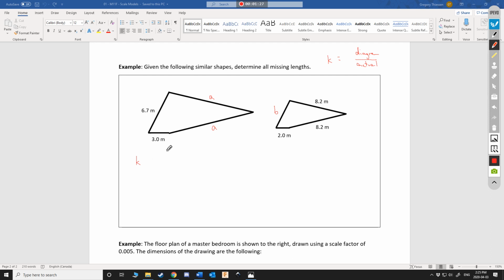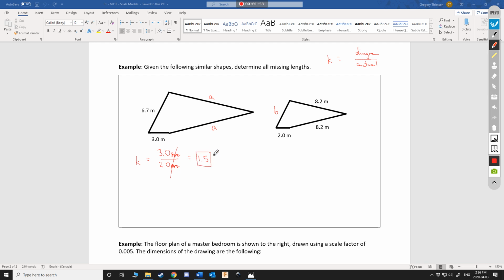So if I take this 3.0 and put it on top, 3.0 meters, and divide it by the corresponding 2.0 meters, you take your calculator, or if you can do it in your head, that's great. We have 3 divided by 2, and that is 1.5. That's meters, sorry, not centimeters, meters. The meters cancel out. 3 divided by 2 is 1.5.